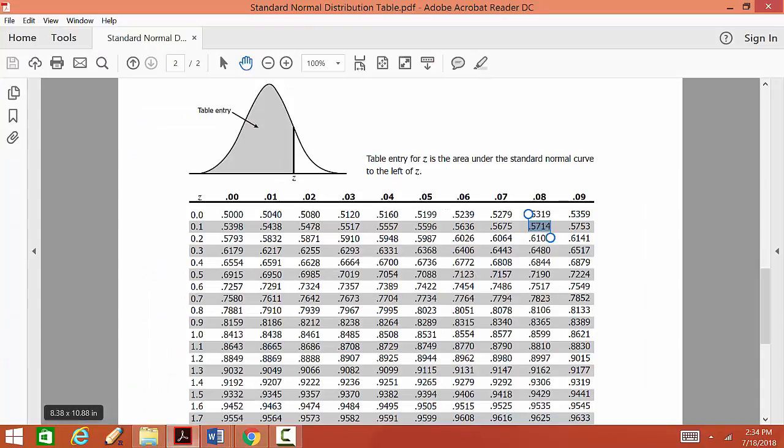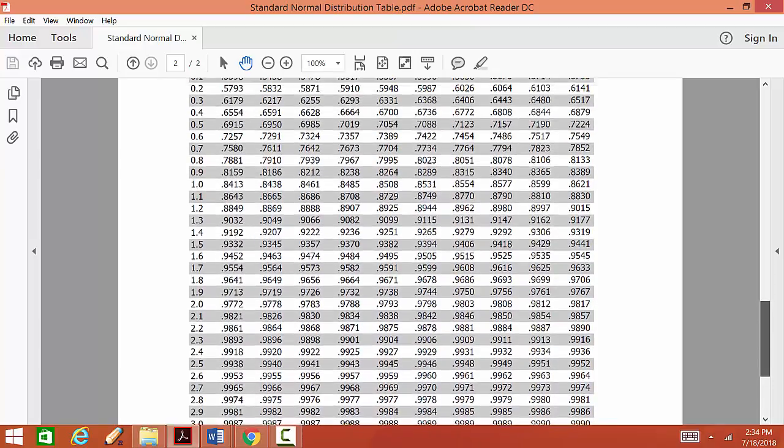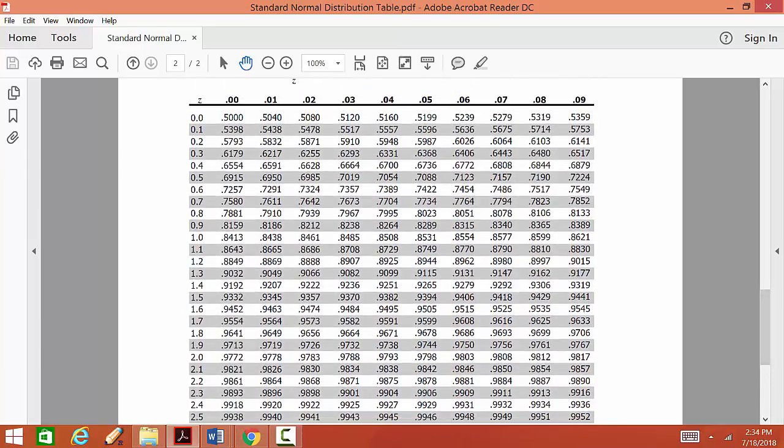So let's go to the table and find the z-score that corresponds to 0.95. And 0.95 is right here. 0.9495, which is really close to 0.95, and 0.9505, which is also really close to 0.95.